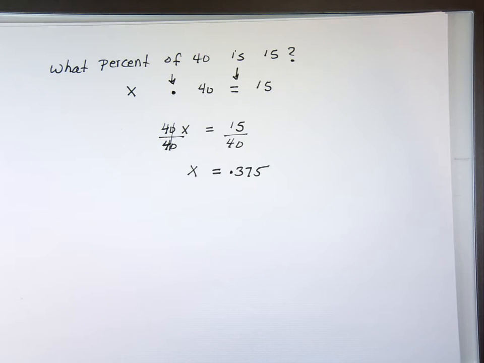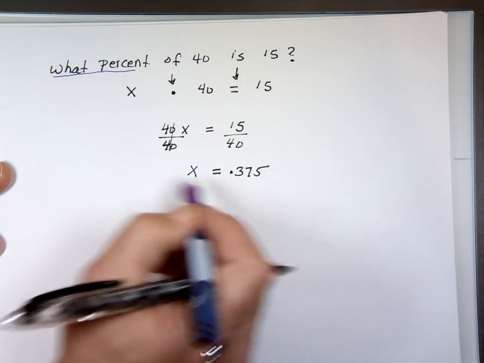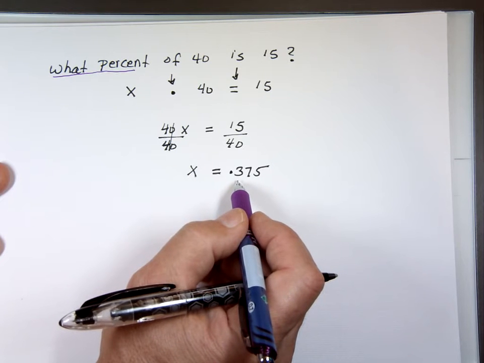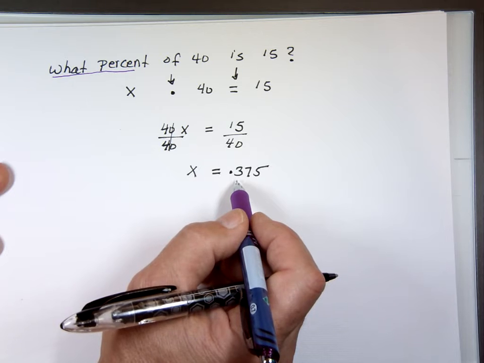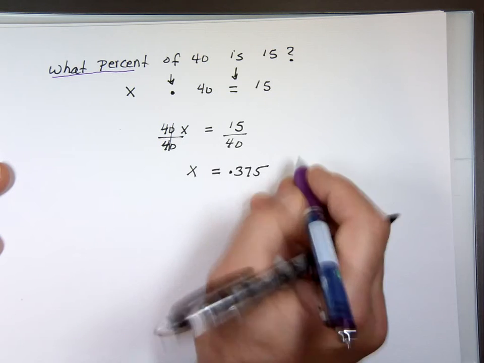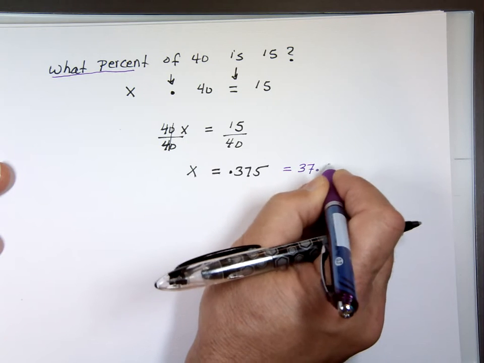Here's the problem. We're looking for what? We're looking for percent. What we have for an answer is what? Is that a percent? That's a decimal. How do you change a decimal to a percent? Move it 2 places to the right, so that would be what? 37.5%.